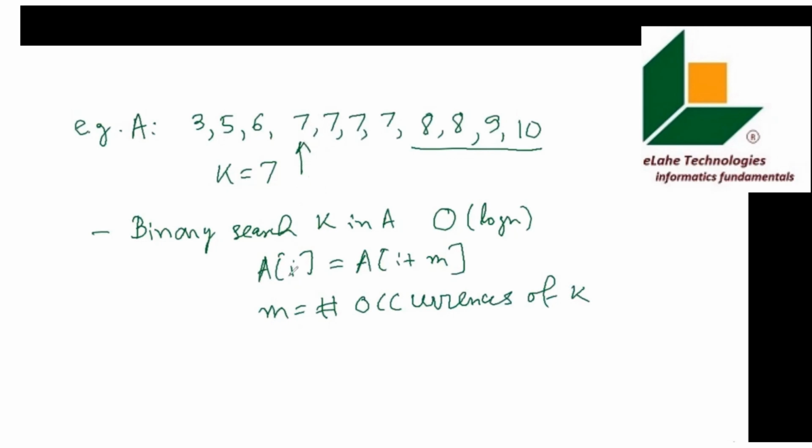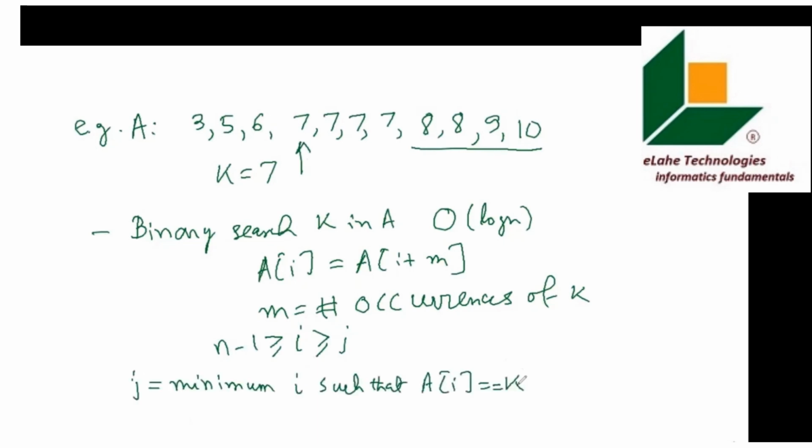So I is the index such that I is greater than or equal to j and less than or equal to n minus 1, where j is the first instance of occurrence of K in A. So this is clearly an order n time algorithm, because the binary search would take order log n time, but subsequent removal of the occurrences of the element K and subsequent movement of the elements backwards overall would take order of n time. So this is an order n algorithm.